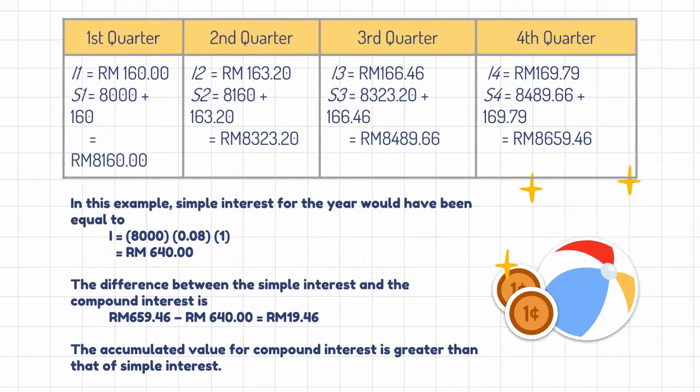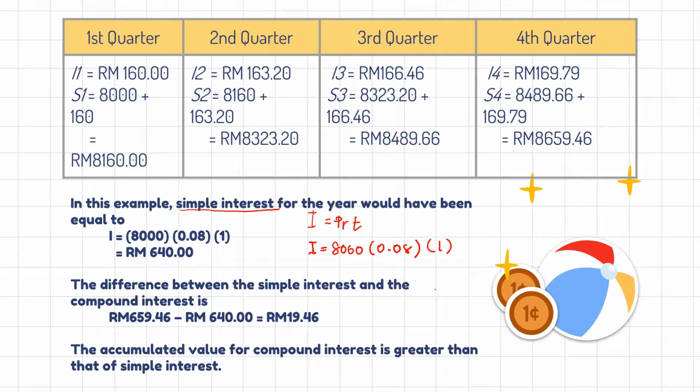Okay? For this example, let's see if we change the question into simple interest rate, which means that we are going to use the formula I equals to PRT. So we assume that if this example is for simple interest rate, therefore we have the value of I equals to P is 8,000, our R is 0.08, and then our T is 1 year.